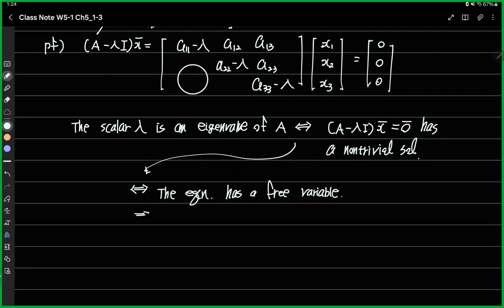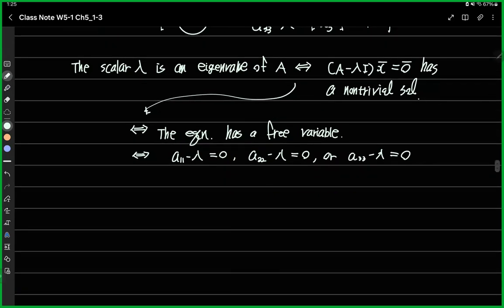It means that A11 minus lambda equals 0, A22 minus lambda equals 0, or A33 minus lambda equals 0. Okay. That's it. Done.